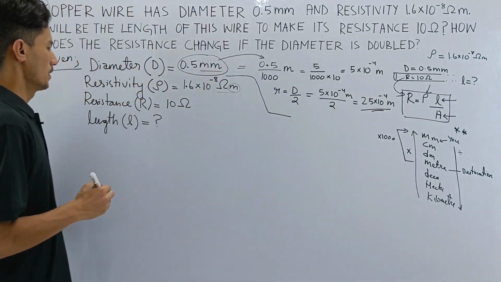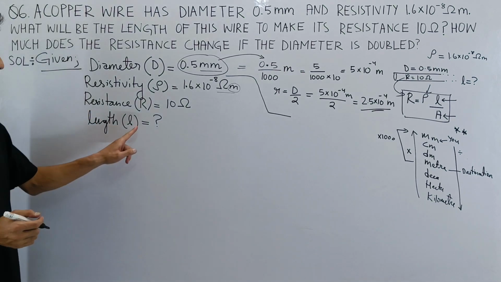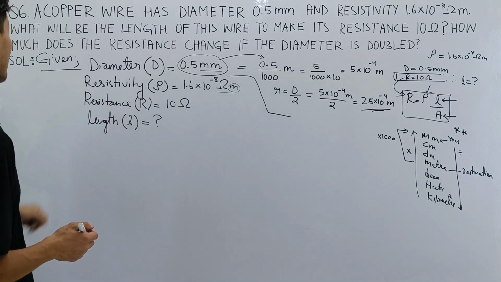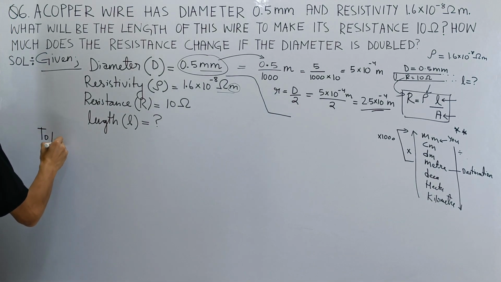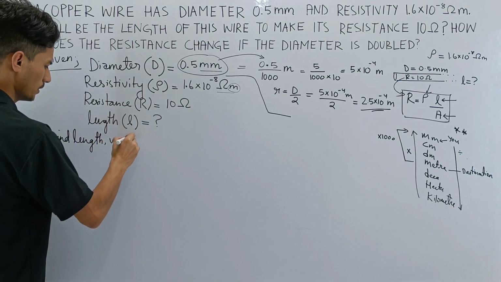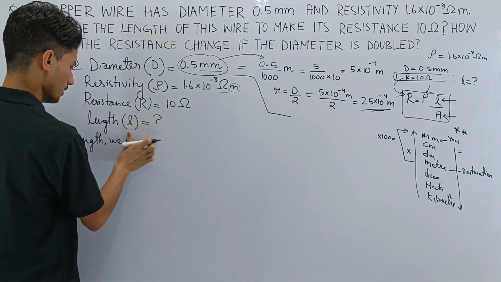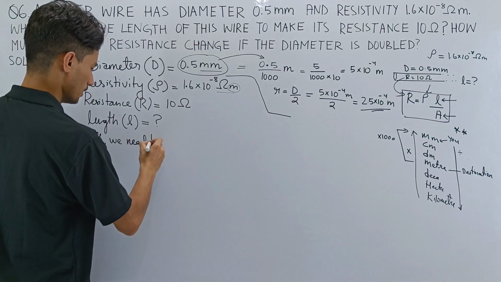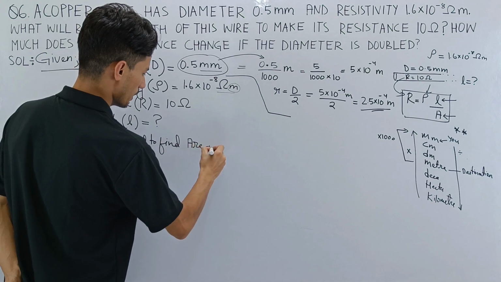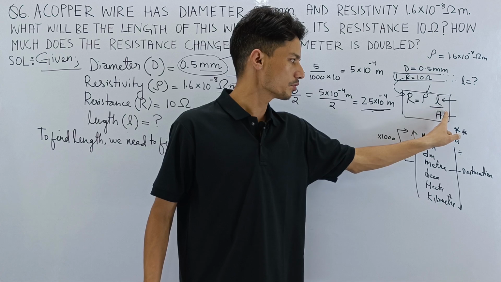So now everything has been done. Now let's come back to our question. So we have to find length, okay? But before we find length, we have to find area. Because of the formula, in order to find length, we need area first.